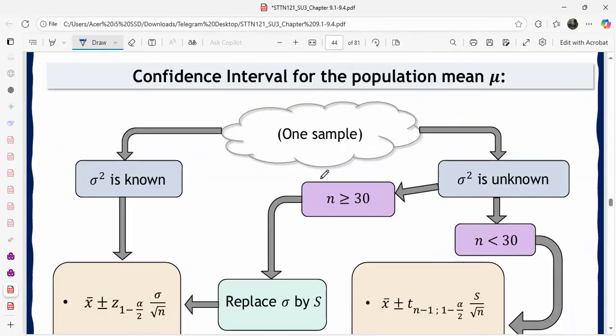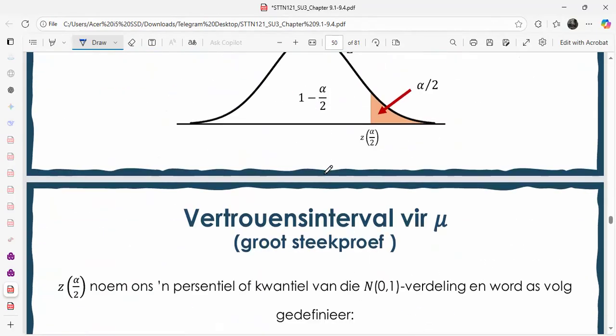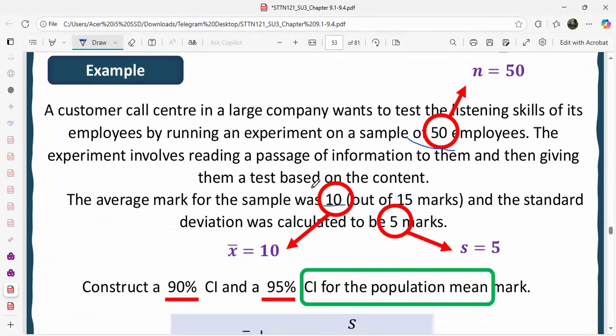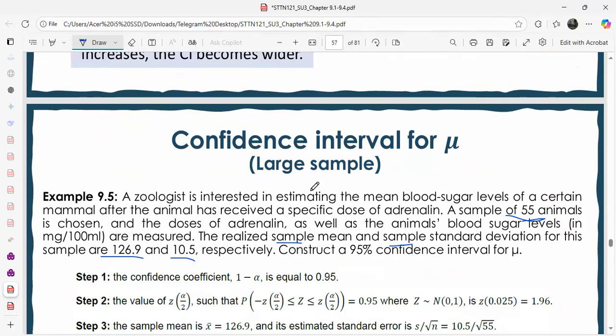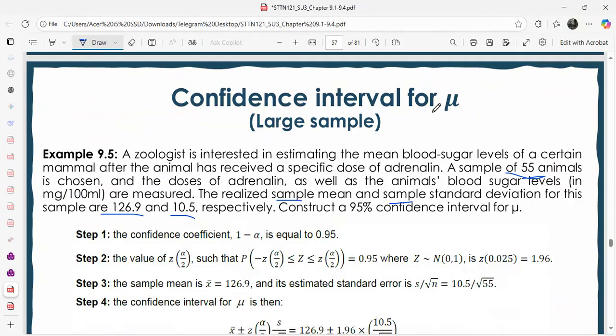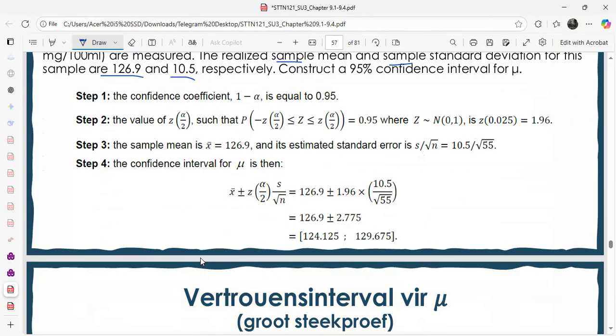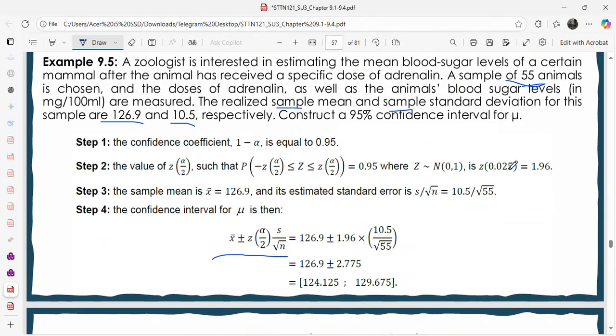When you look at this question, n is greater or equal to 30 because it's 55, and 55 is greater than 30. So that's the reason why you're going to use the same formula. Then you know that for 95%, you always use 1.96.